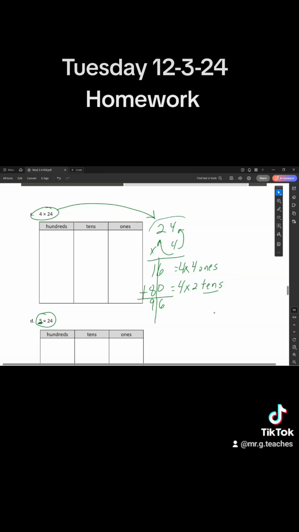Now let's draw. I need to make 24. Okay. I need 4 of those.